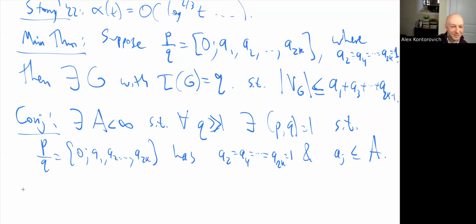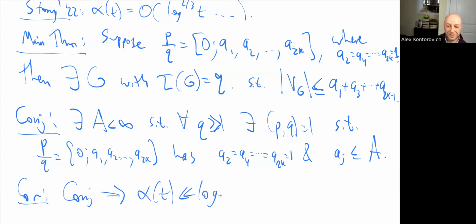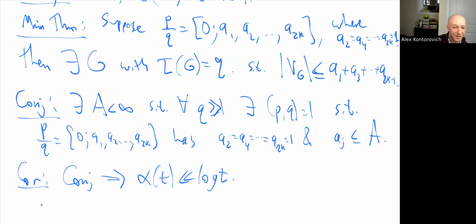What does that mean? So here's a little corollary. The corollary is that this conjecture implies that alpha of t indeed is bounded by log t. And why? This is hopefully clear from the main graph theorem. So the proof is very simple.